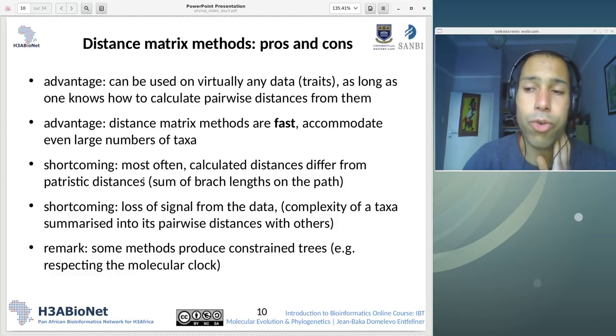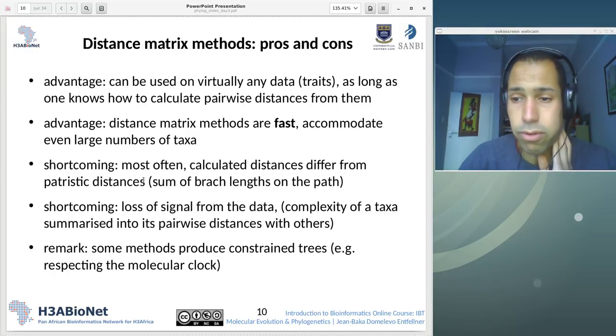In your input matrix, you have a certain distance between taxon 1 and taxon 10, right? Let's say this distance was 10, and then you build your tree with an automatic method of distance based tree reconstruction.